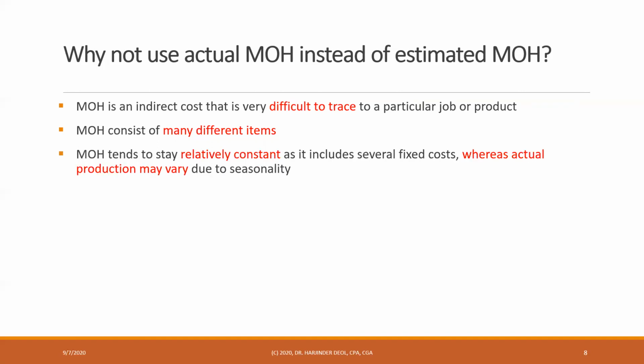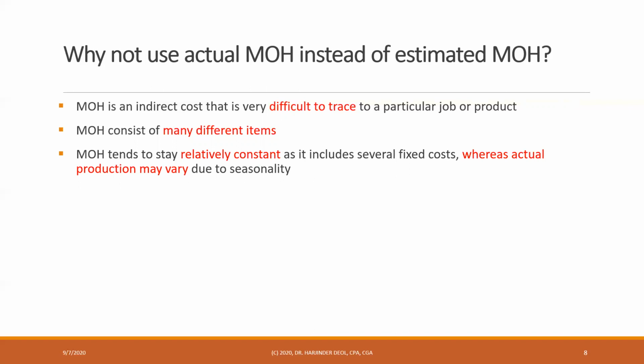Now, it is helpful that manufacturing overhead tends to stay more or less constant because it does include several fixed costs. But actual production, as you know, can vary due to seasonality. During peak season, the company might be carrying out more jobs. During low season, they might not have as many jobs.